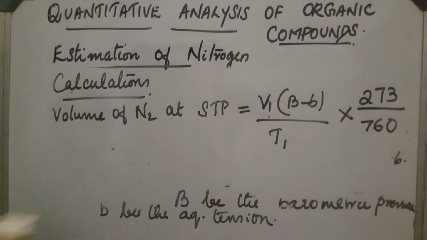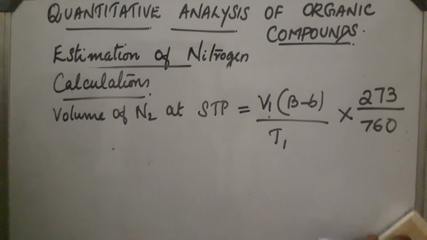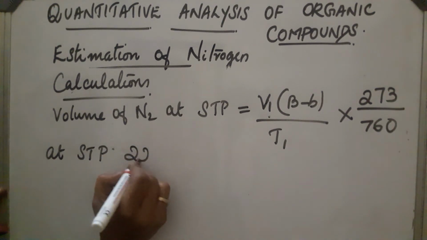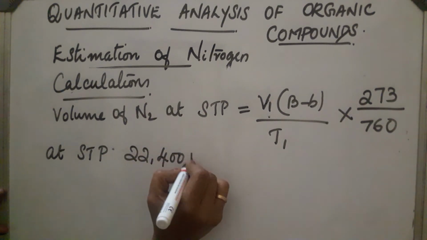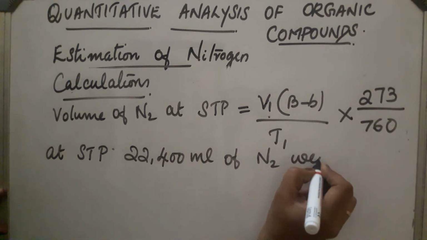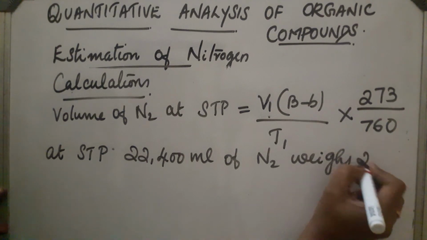Now after calculating this, we can calculate the weight of the nitrogen at STP. We know that at STP, 22,400 ml of nitrogen weighs 28 gram.